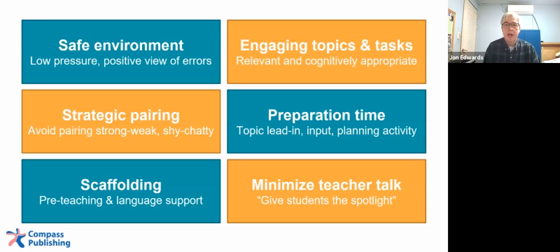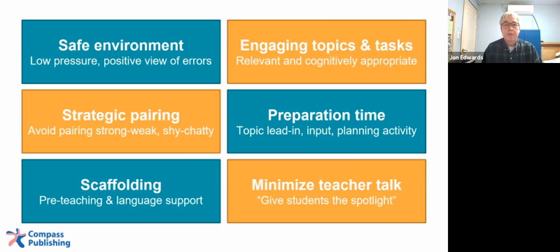I'm sure a lot of you have had that sort of magic moment in class where it almost feels like people forget that they can't speak English well, and they're so interested in communicating or participating that the magic happens.